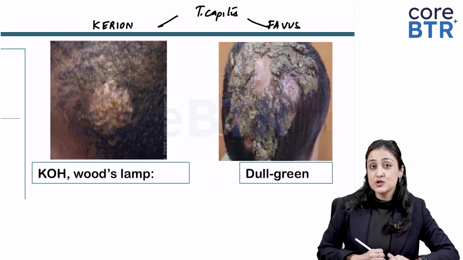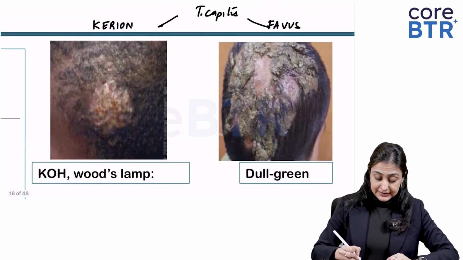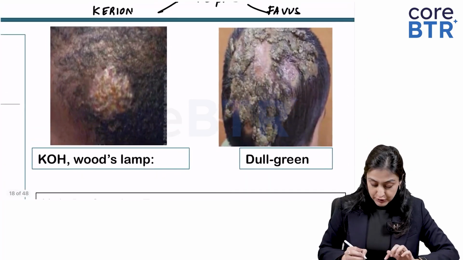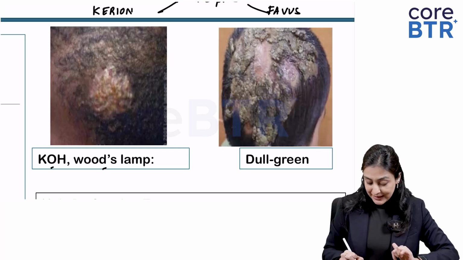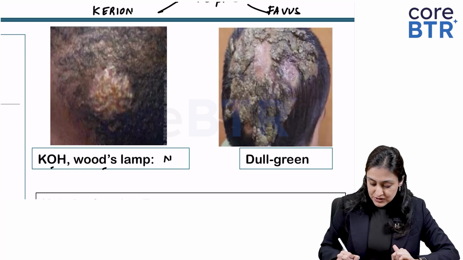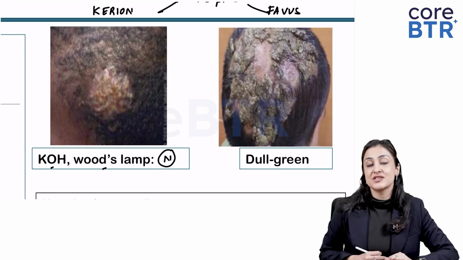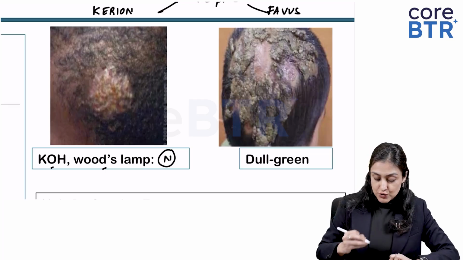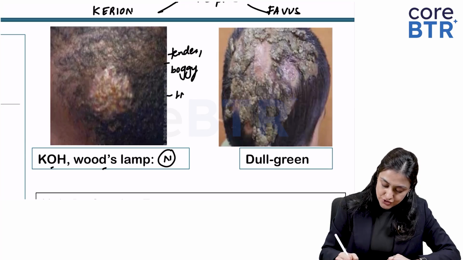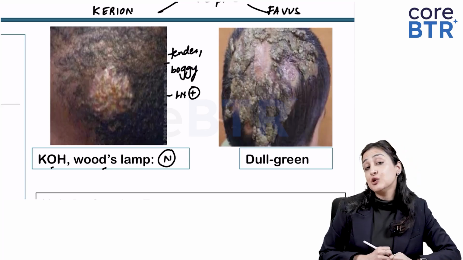Kerion is a very inflammatory tinea capitis where there's so much inflammation that your KOH, Wood's lamp, everything will be negative or normal. Why? Because the inflammation or the scars have destroyed the fungi also. This is where they will describe tender, boggy swellings with associated lymph nodes. So this is very heavy on inflammation.